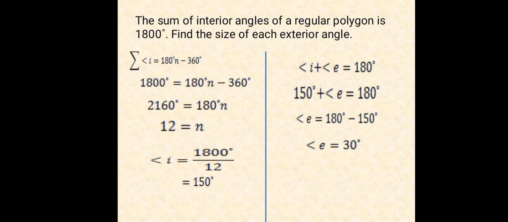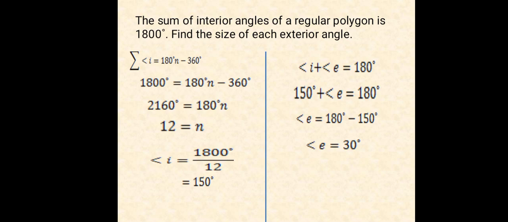Now if we divide the sum of the interior angles by the number of sides, we get one angle of that polygon. So taking 1800 degrees divided by the number of sides, 12, we get that one interior angle of that polygon is 150 degrees.